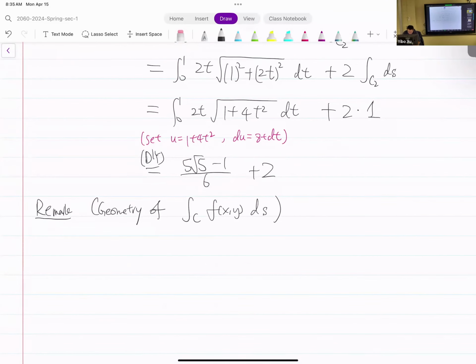Now let's see. Let's say we have our curve C in the two-dimensional space. This is just basically a curve in the xy plane, right? And here we have a parameter t. This is a curve in R2.